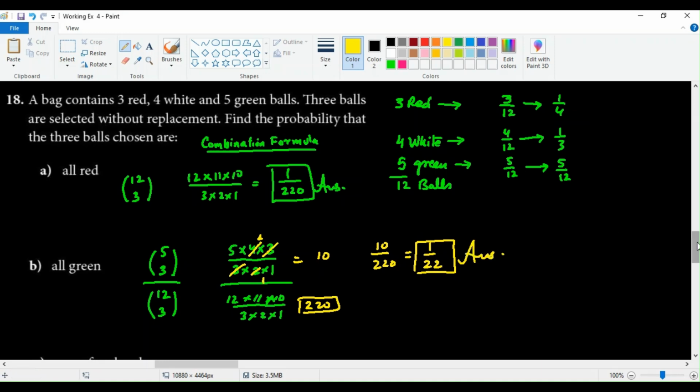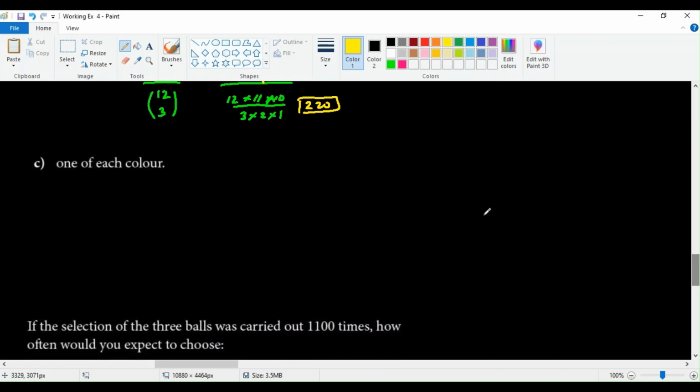Moving on to part C, it says one of each color. That means we need the probability of one ball of each color. So red is 3 choose 1, white is 4 choose 1, and green 5 choose 1, divided by 12 choose 3.